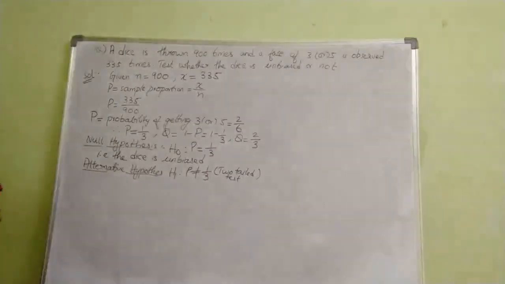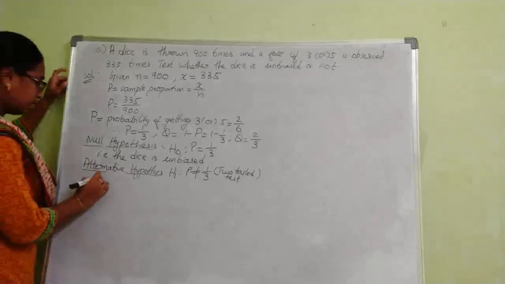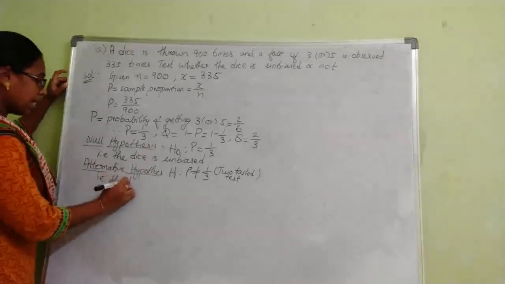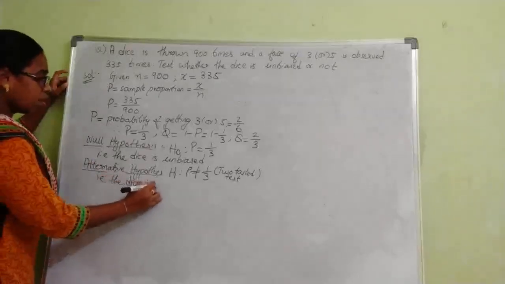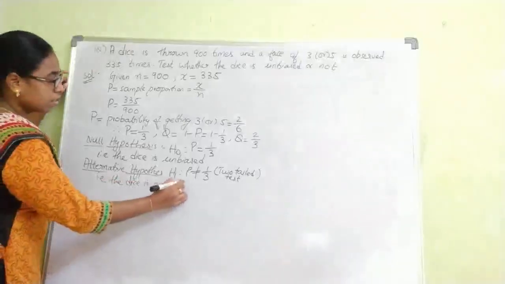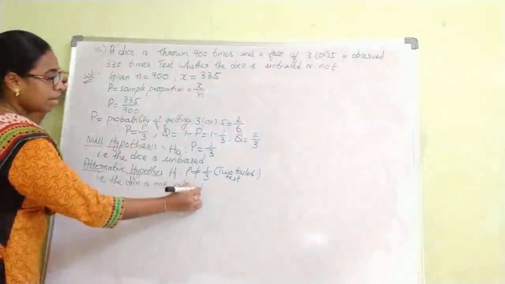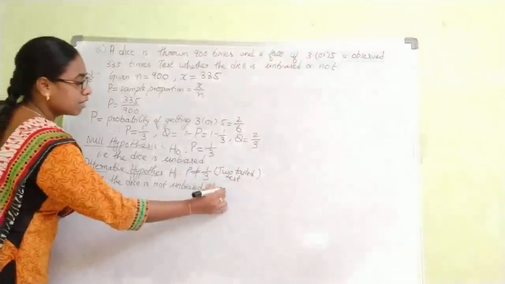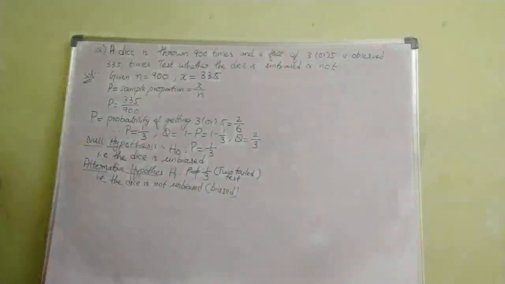By seeing the alternative hypothesis only, we decide the type of test, right? So p equals 1 by 3 is the null hypothesis, and the alternative is p not equals 1 by 3. That is a two-tailed test. That is, the dice is not unbiased. Not unbiased means it is biased, so there is a difference in the dice.